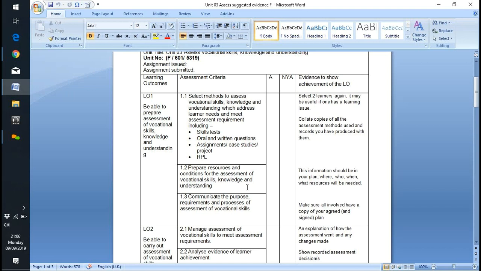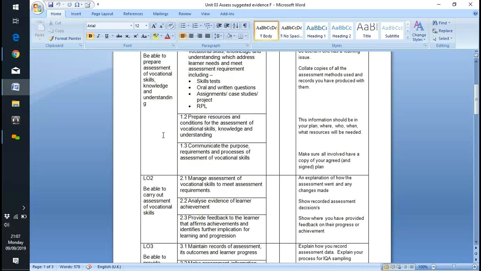That is then recorded on disc. When I do the IQA, I can just put the disc in, and some of it is actually videoed as well, so I can watch it. The one where he's giving feedback was on video, so I was able to watch that. So there are a number of ways that you can do your assessments at this level.